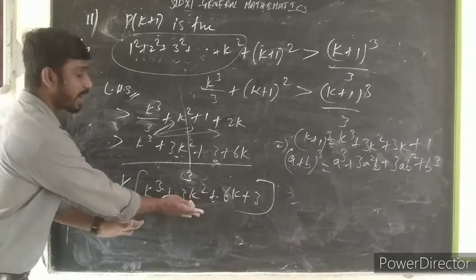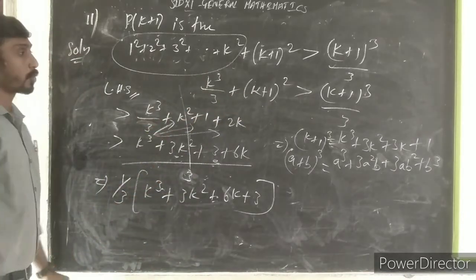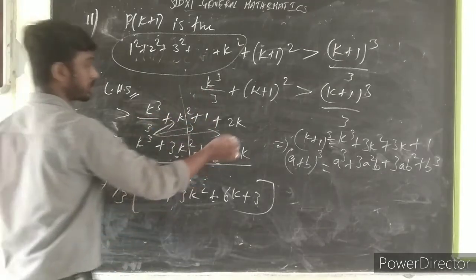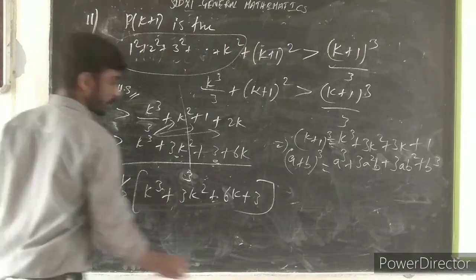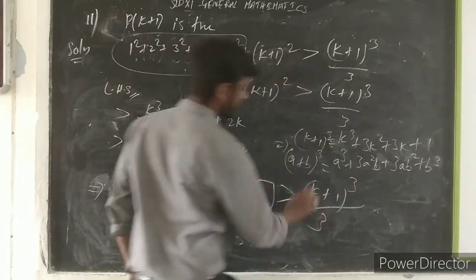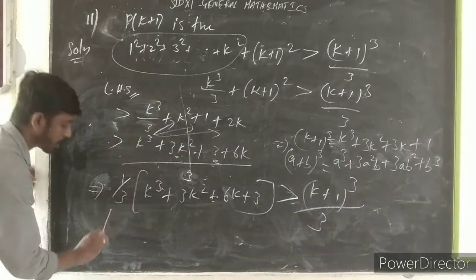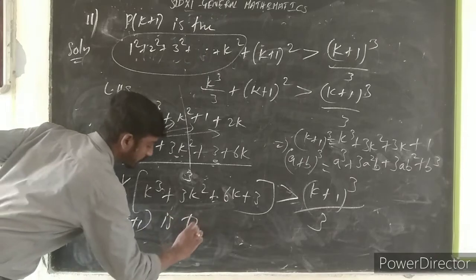So this value is greater than that value. This is the proof. So this is greater than k plus 1 the whole cube divided by 3. So the statement P of k plus 1 is true.